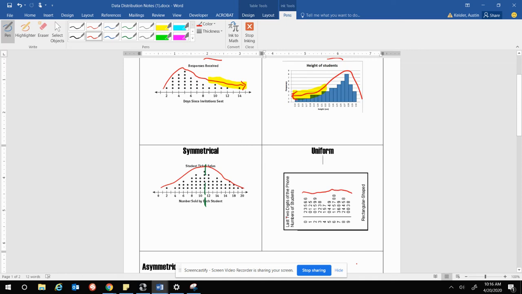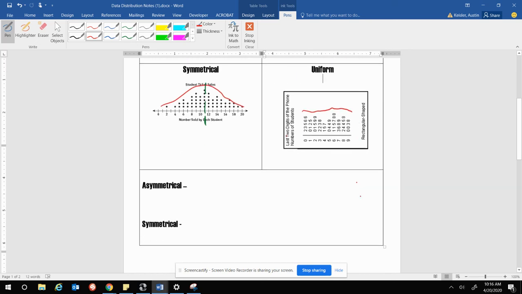It's not exact, but that's pretty close to being straight across. And the way I remember uniform is it's like a school uniform. They're all going to look the same. All your school uniforms are basically the same, which makes everybody look the same. So a uniform graph is pretty much the same all the way across.